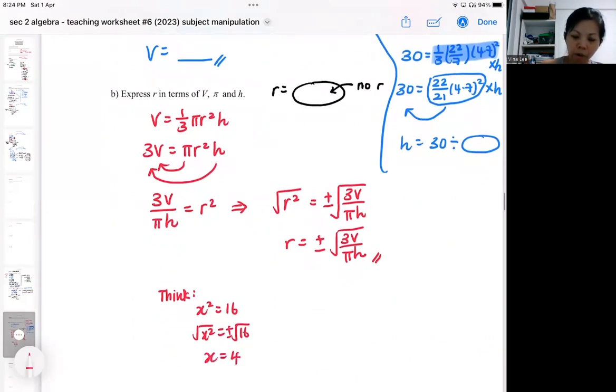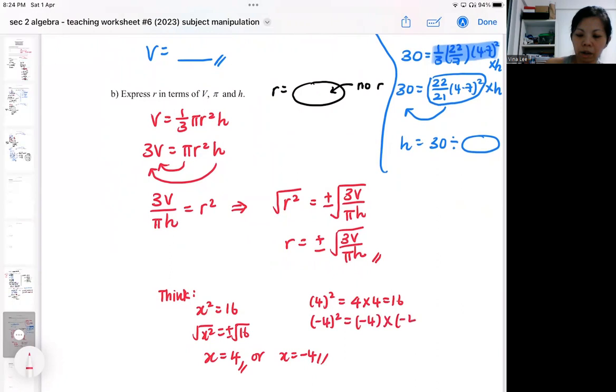I got a 4, I also got a -4. The reason is that 4 squared gives you a positive 16, and -4 squared will also give you a positive 16. So there are two possible answers that give you 16. So when you take square root, there must be a plus minus.